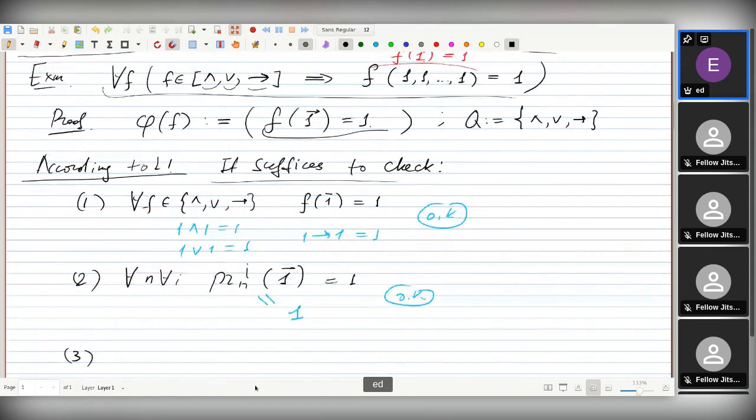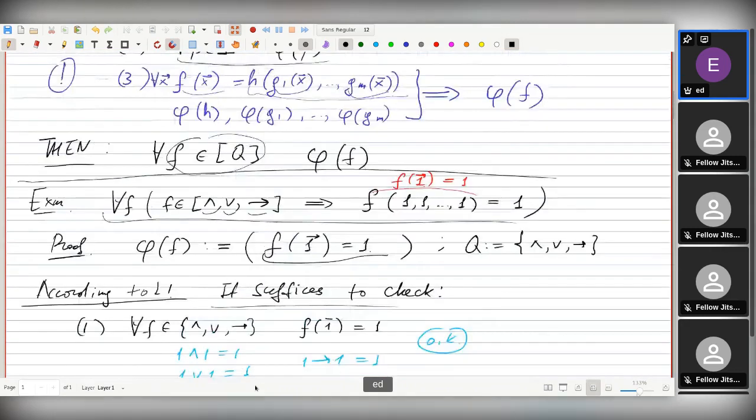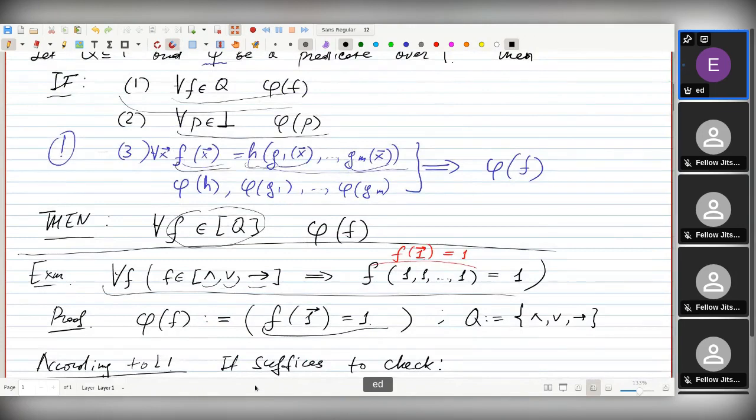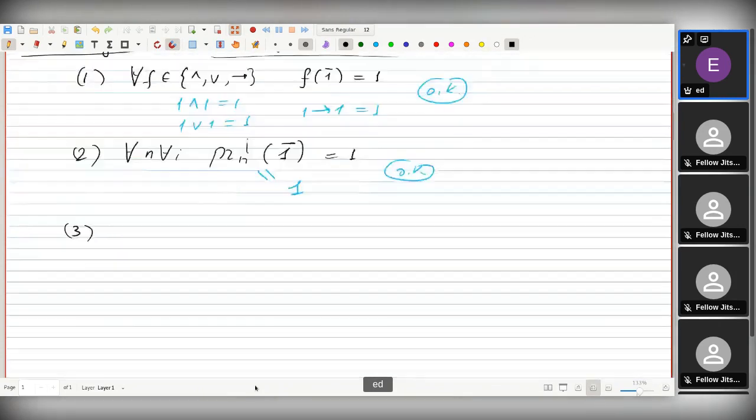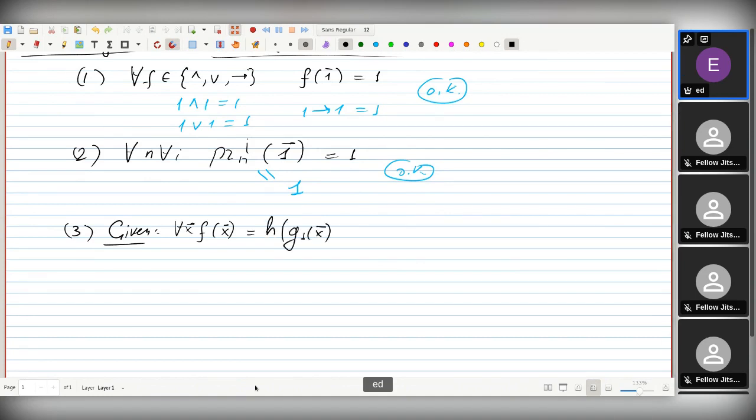And the crucial part is that if some function is obtained this way from functions preserving unity, then the result will preserve unity as well. It is also not hard to obtain. So what is given? It is given that some function f is the so-called superposition of h and g1 to gm.